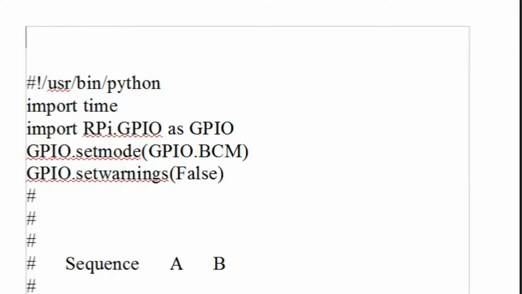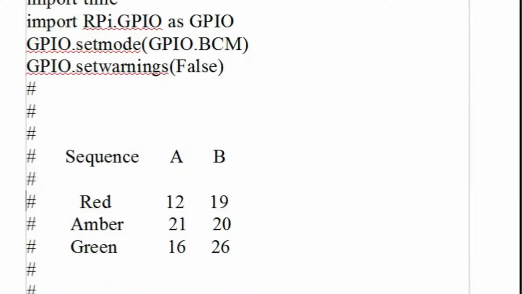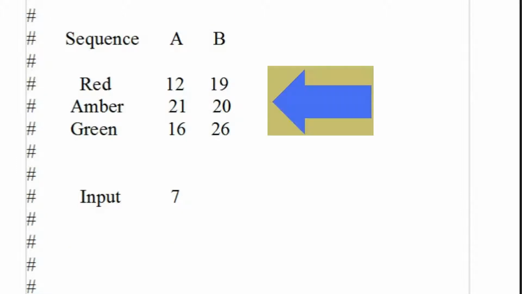This shows the Python code that we used in the traffic light project. Here we see the pins that we used for the red, amber and green LEDs.